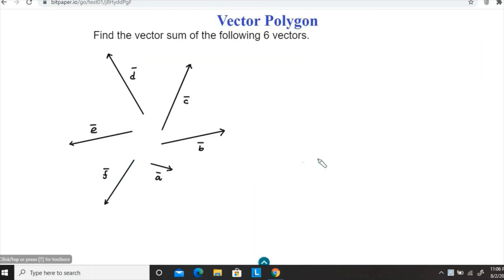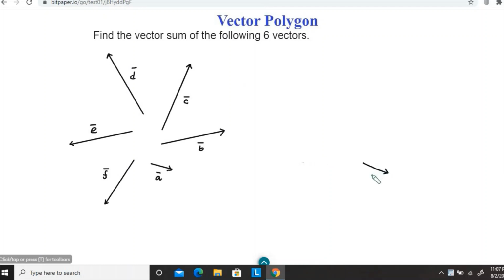Now in this example we have 6 vectors. Again we can use the head-to-tail arrangement of vectors to find the vector sum of these 6 vectors. I'm going to start with vector A. I'm going to slide the vector such that it looks like this.